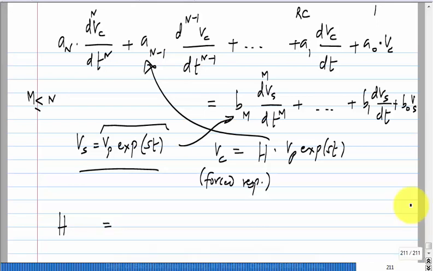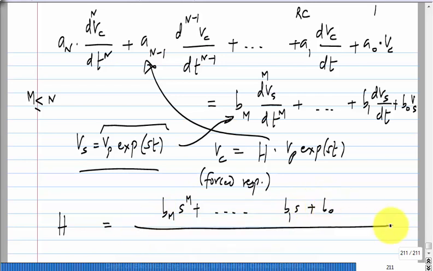So, this is quite easy. What we get is... So, if you have a linear differential equation with constant coefficients, the transfer function will be in general a ratio of polynomials in S, where S is the frequency of the exponential St. Is this fine?